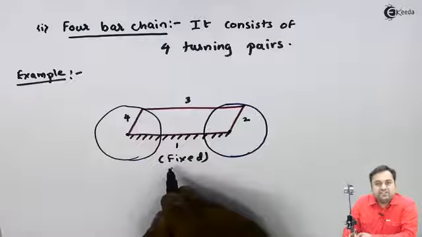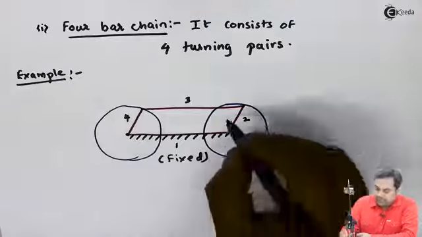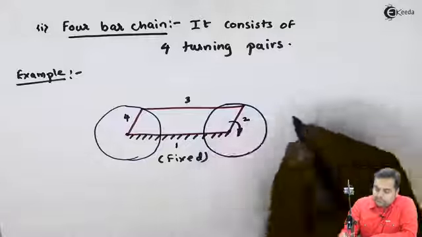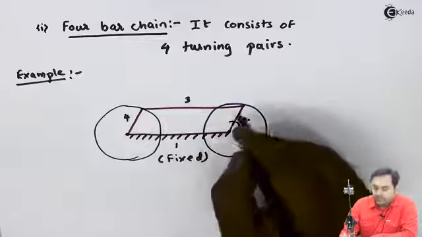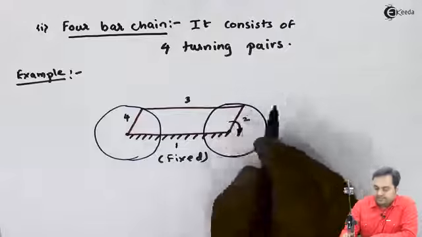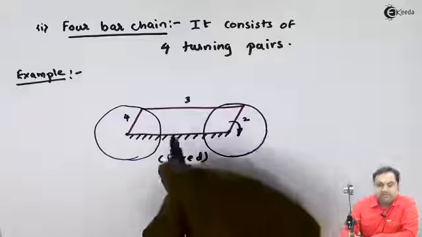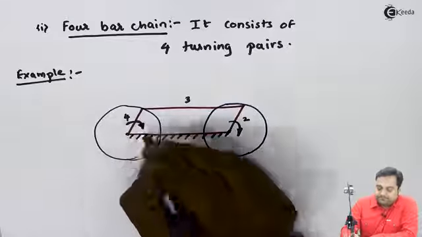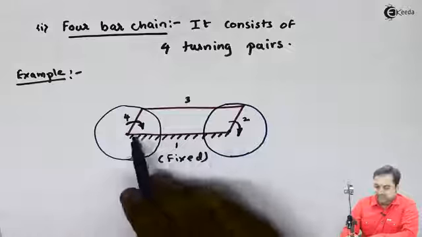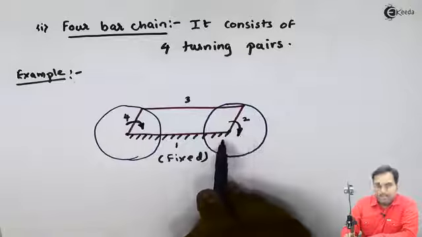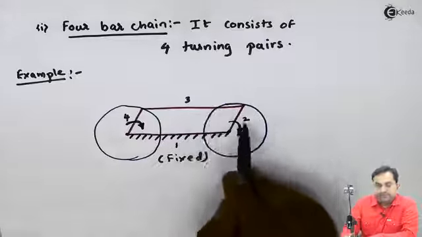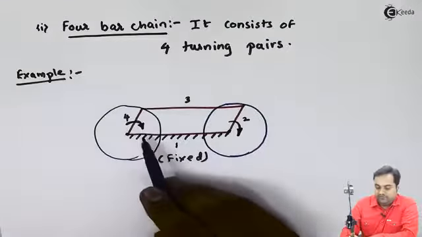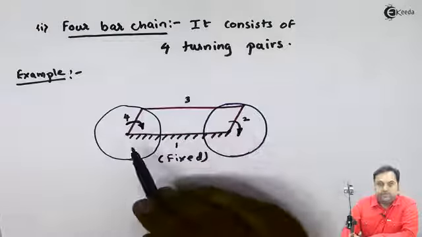So if we are fixing link number 1 and I am giving rotation to link 2, then link 2 will rotate, at the same time it will rotate link 3 with it, and link 3 will rotate link 4. In this example, between 1 and 2 we have a turning pair, between 2 and 3 turning, between 3 and 4 turning, and between 4 and 1 turning. So we have 4 turning pairs.